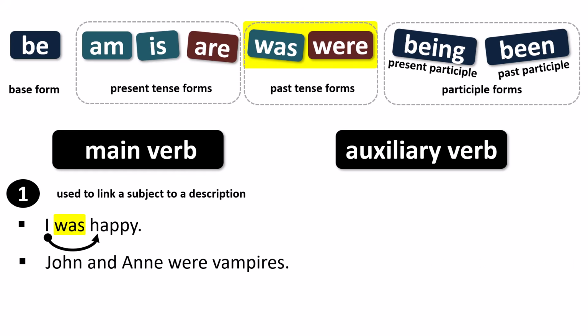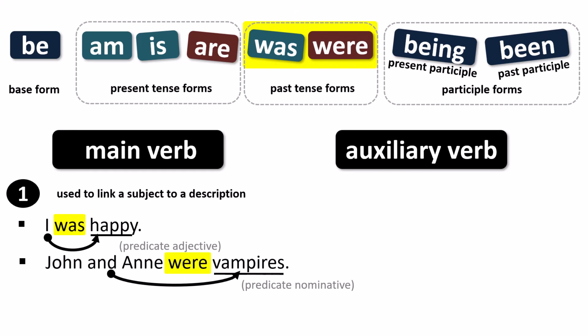John and Anne were vampires. Were is our verb to be in the past tense, and it links John and Anne to the description. As before, if it's an adjective, it's a predicate adjective. And if it's a noun, it's a predicate nominative.